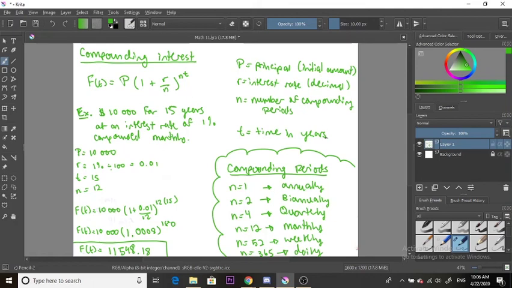So all in all, this is compounding interest. It's really useful to understand how to save up money for buying a house, for retirement, for pension plans. It's also super useful to understand how much debt you can accumulate when you take out a loan or take out a mortgage.